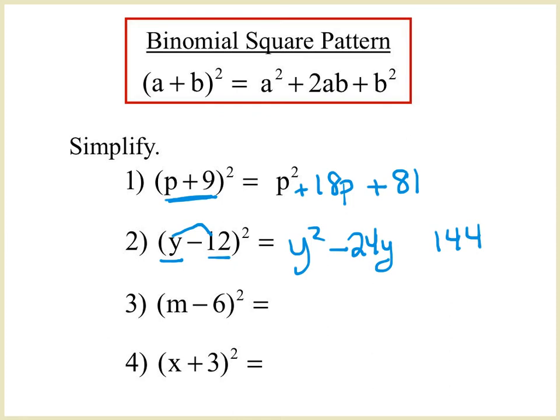Now, what sign is that 144? Remember, when I have negative 12 times negative 12, I end up with positive 144. You'll also notice that whenever I have a binomial square with a different sign, the pattern will always be minus and then plus. Now pause the recording and finish number 3 and 4.